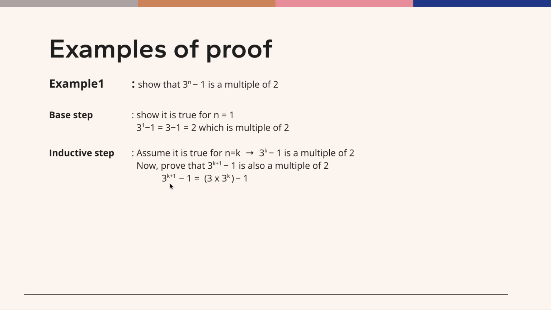So as you can see, 3 to the power of k plus 1 minus 1 can be written as 3 multiplied by 3 to the power of k minus 1, which can then be further written as 2 to the power 2 multiplied by 3 to the power k plus 3 to the power k minus 1.